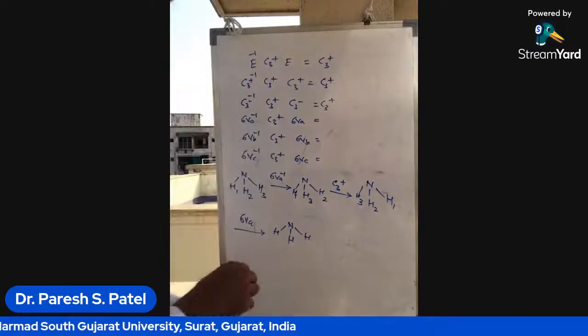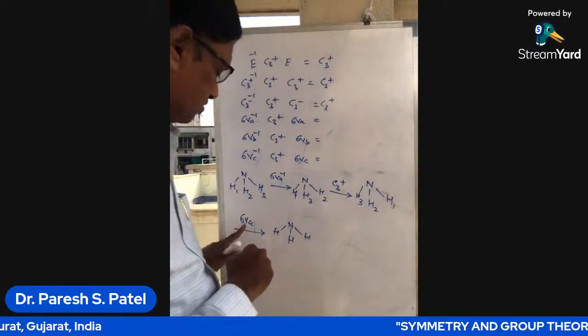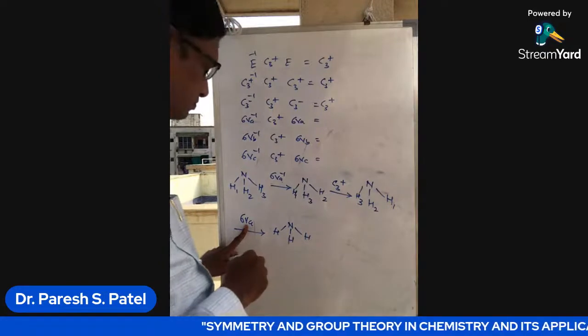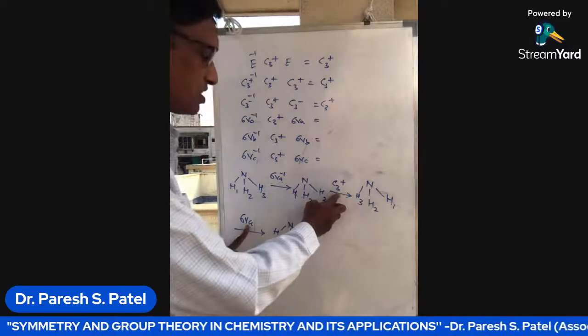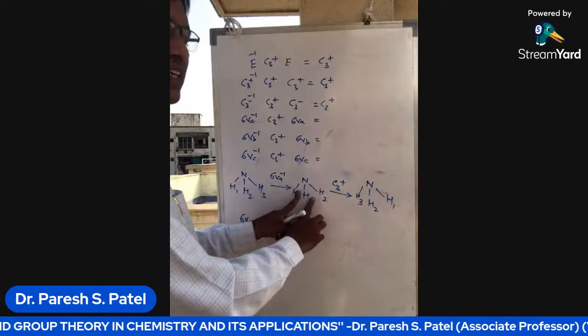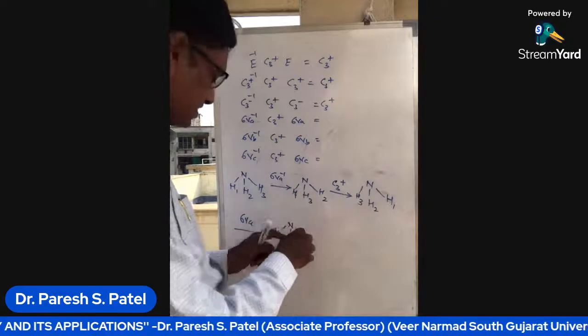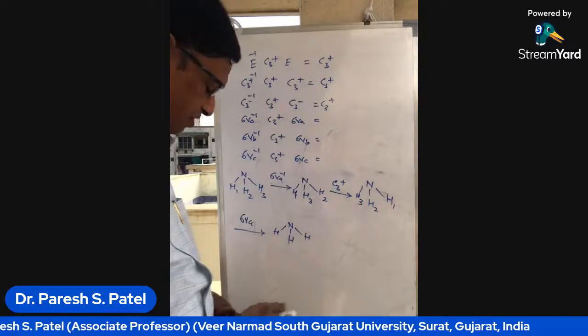Just like this one, this is rotation followed by reflection. It means we have to go for sigma VA. So actually we have to go for the position before the rotational symmetry operation. This is the position of this hydrogen before the rotational axis. Sigma VA, it means this is the position for sigma VA.